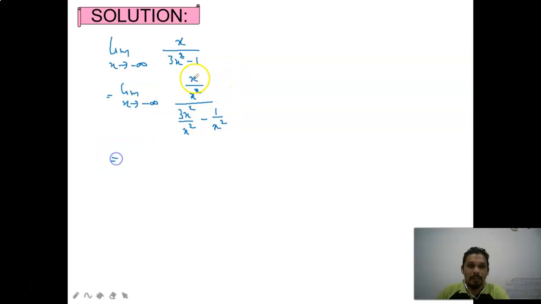Okay. So what is x divided by x squared? It is 1 over x. And x squared divided by x squared equals 1. Then we come out with 3 minus 1 over x squared. So then, as x approaches negative infinity, when x is negative, the negative squared is positive. So 1 over a big value equals 0.